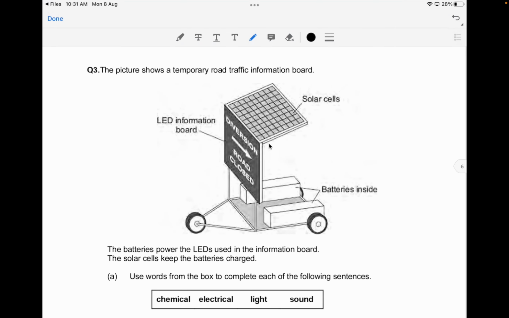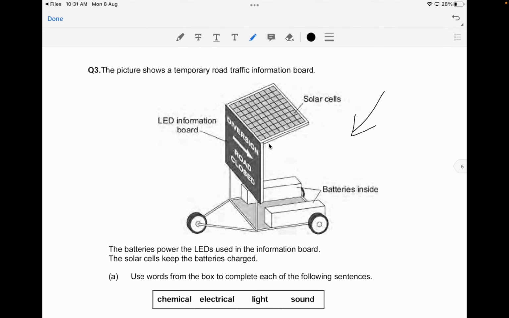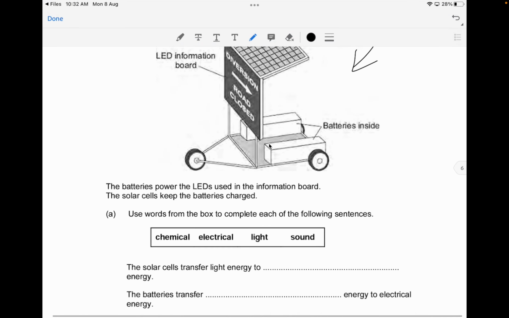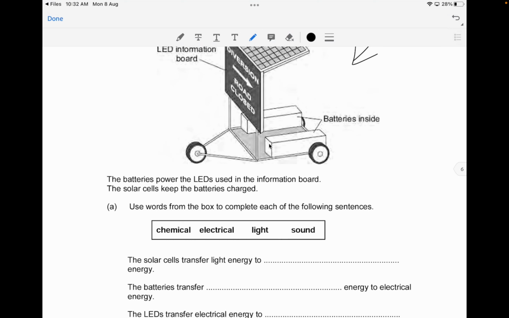Now the next question shows us a nice little diagram as well. This picture shows a temporary road traffic information board. The batteries power the LEDs in the information board. The solar cells keep the batteries charged. Now what you're going to do is use the words from the box to complete each of the following sentences. The solar cells transfer light energy to electric energy.